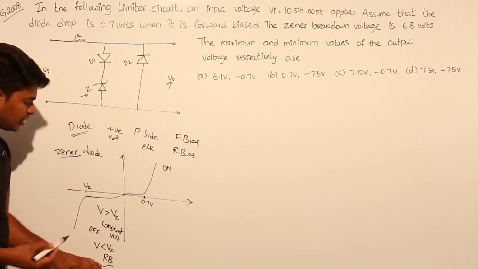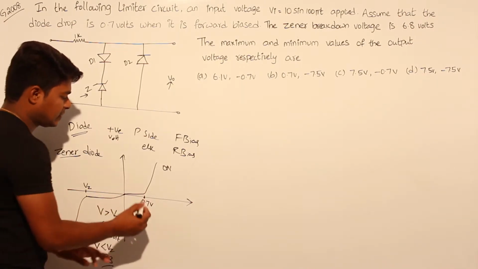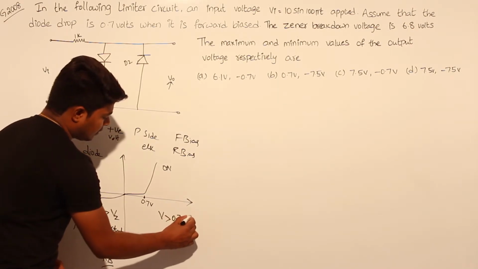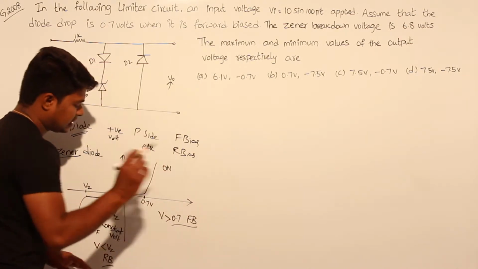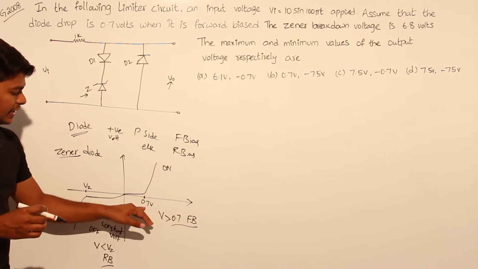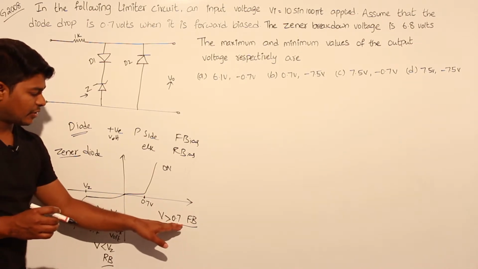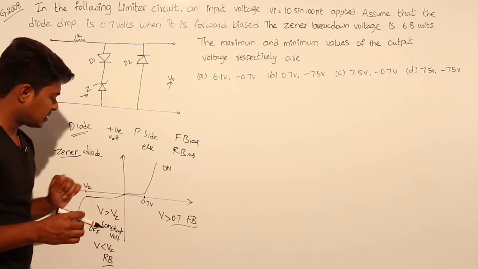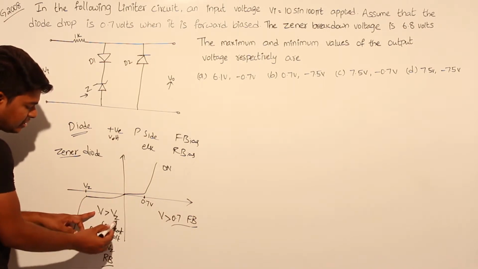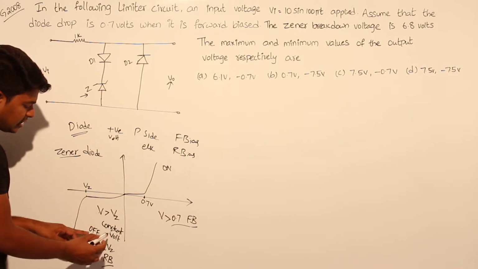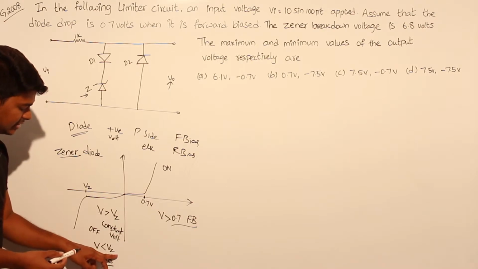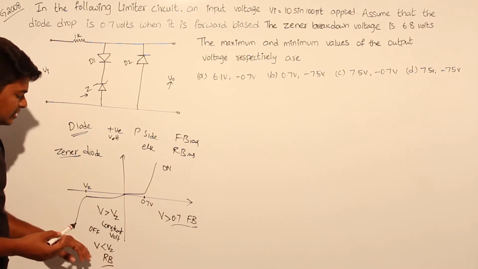Here it will be in forward bias whenever V is greater than 0.7. These are the three simple things to remember regarding the Zener diode. Whenever the applied voltage is greater than 0.7, it is in forward bias, on state. Whenever it is greater than the Zener breakdown, it maintains a constant voltage. Whenever it is less than the Zener breakdown, it will be in reverse bias.